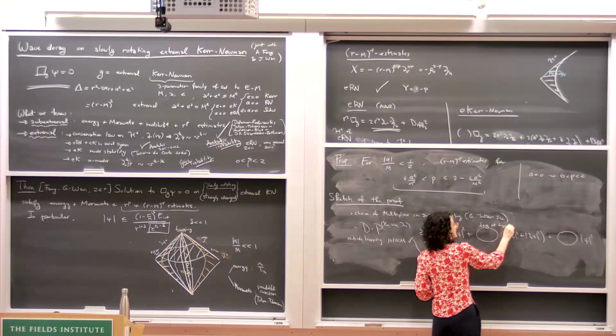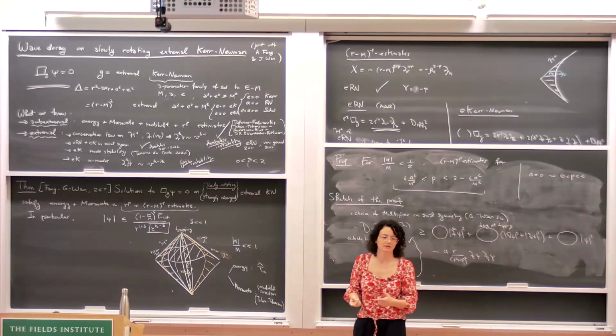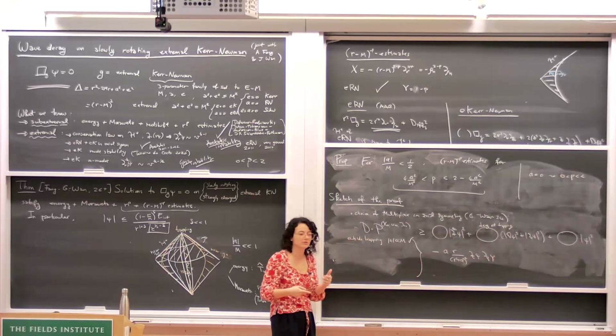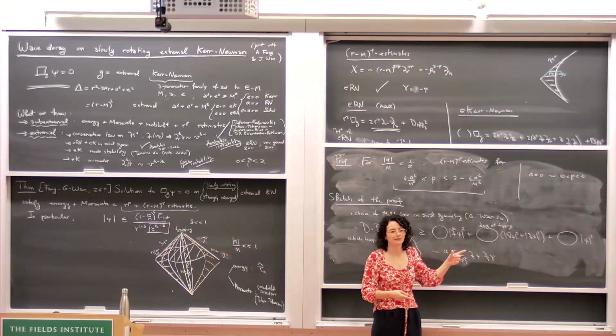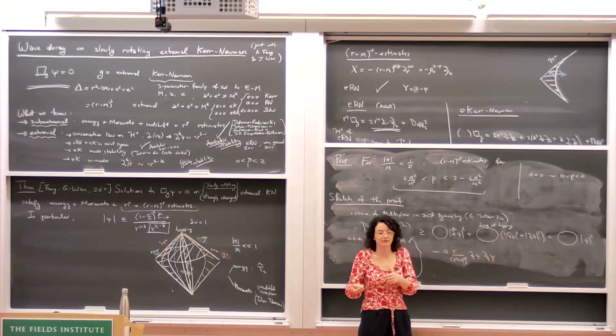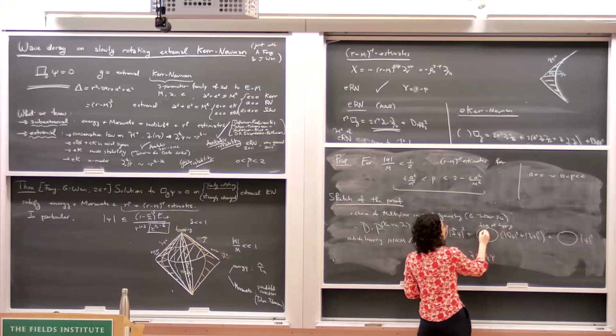And because of how trapping is in extremal Kerr-Newman, if you take the geodesic potential and you take the derivative, that's how you get the trapping, that will also vanish at the event horizon. So this will also degenerate at the event horizon.